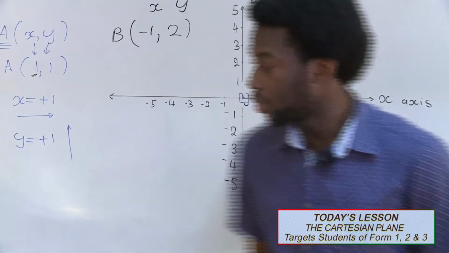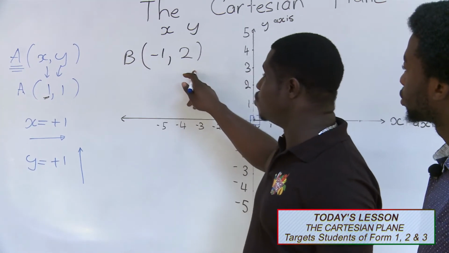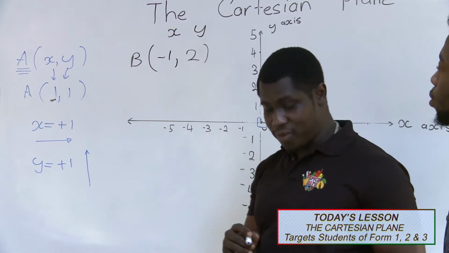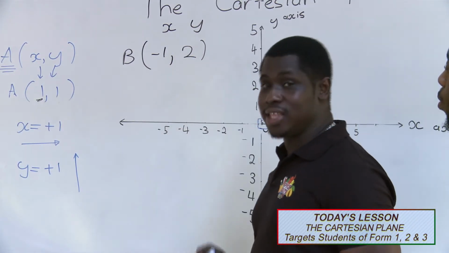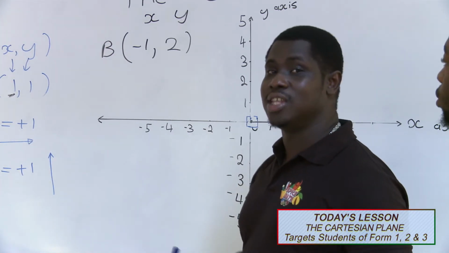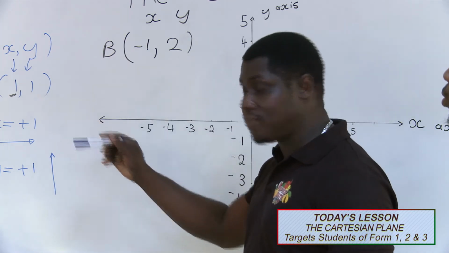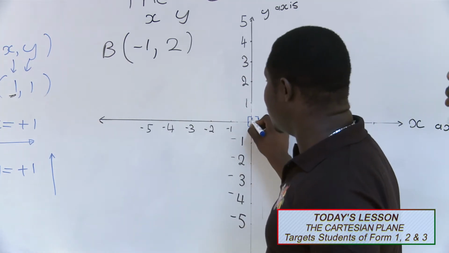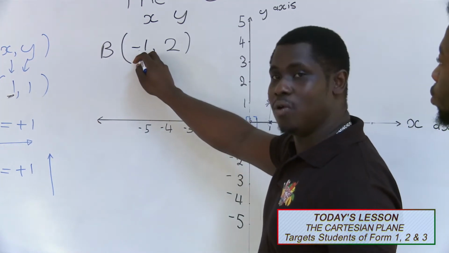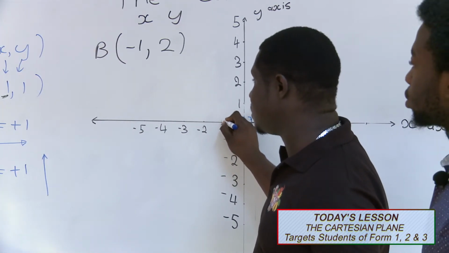Thank you. So for the point B, which has coordinates -1, 2, we have to pay attention to the fact that the x coordinate is negative. Whenever our x coordinate is negative, that means instead of going to the right from the origin, we are now going to go to the left. So from the origin, -1 means I am going 1 unit to the left on the x-axis.